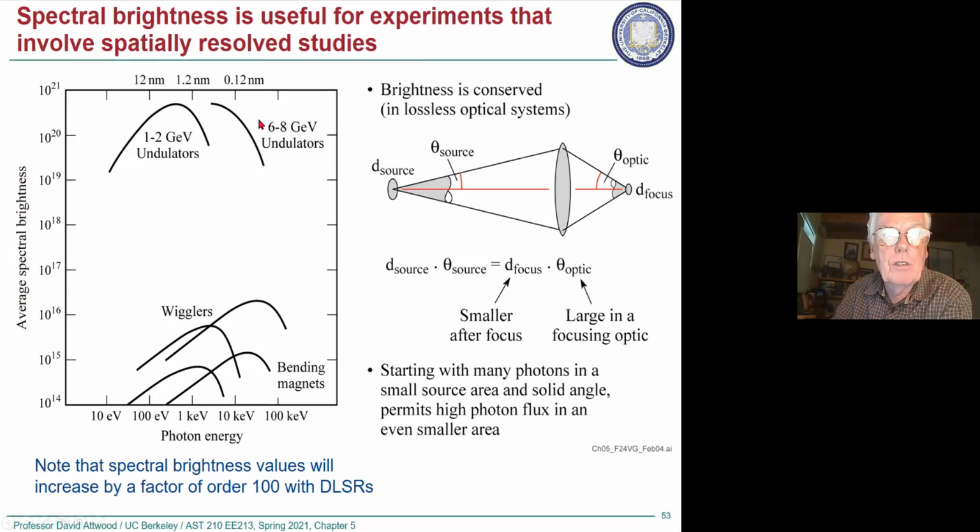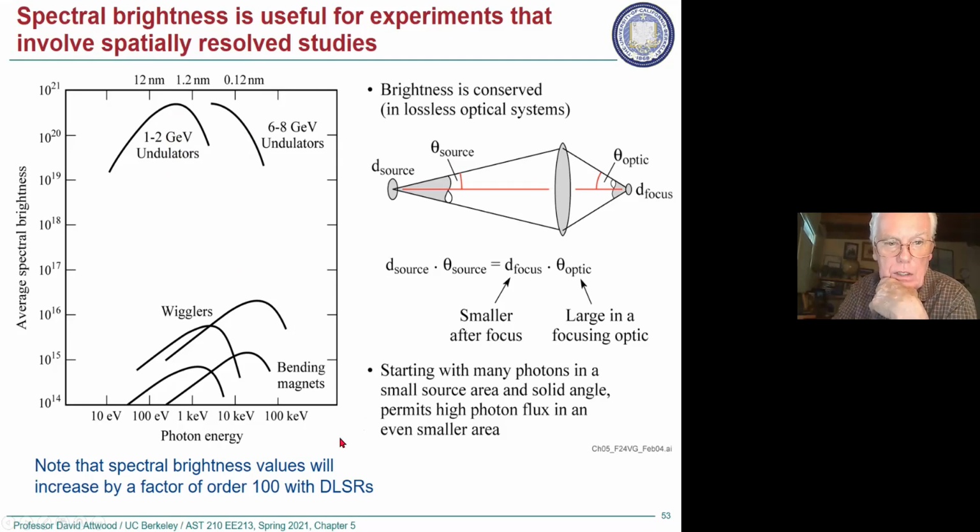And these numbers are based, this curve I made several years ago, these curves are generally going up as people learn to make their beam sizes, the sigma x, sigma y, and the sigma prime smaller. These curves start going up because you're dividing power per unit area per unit solid angle.